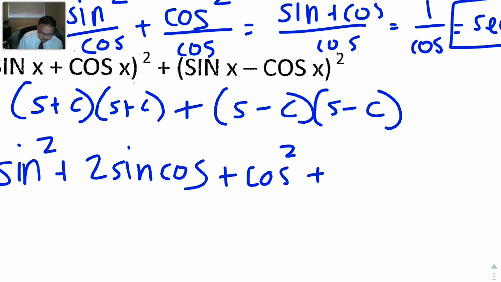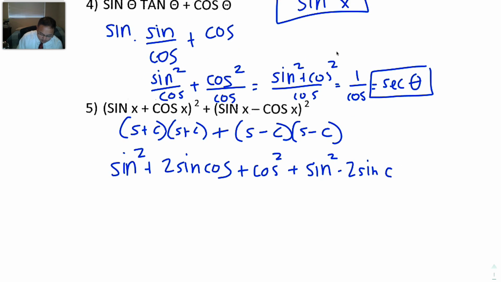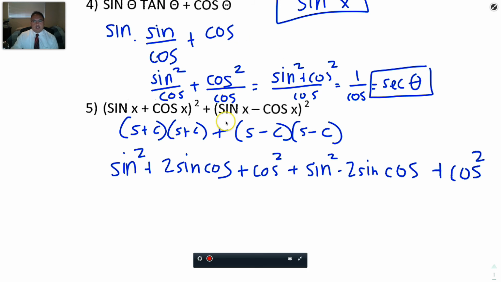I'm going to get plus sine squared minus 2 sine cosine. And let me zoom out. And I get plus cosine squared on the outside. So here I've just done the FOIL, I've just done the distributive property, and I've multiplied everything out.